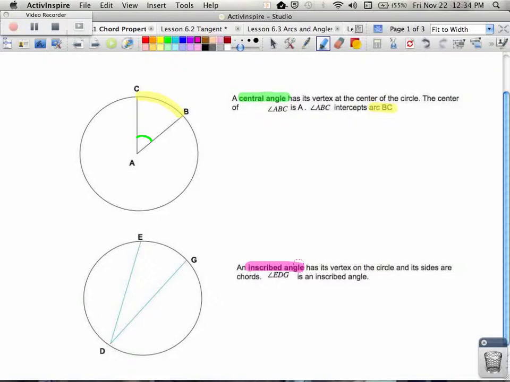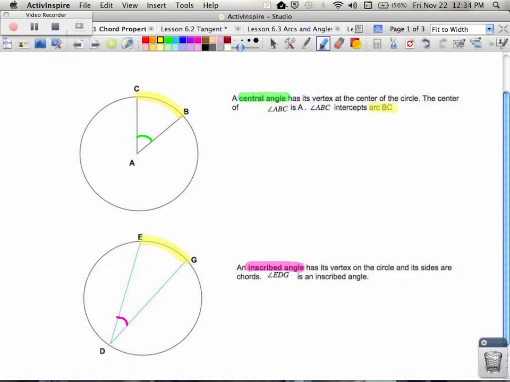So this inscribed angle is called EDG, and you can see it right here in the pink arc that I made, and it intercepts arc EG, and we're going to talk about some of the properties of this a little bit later.